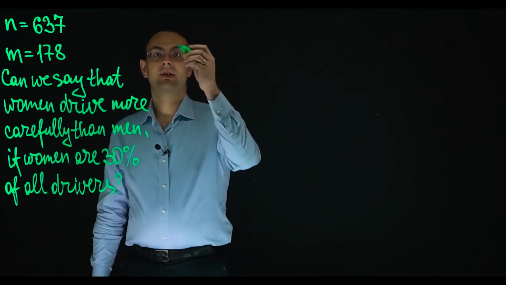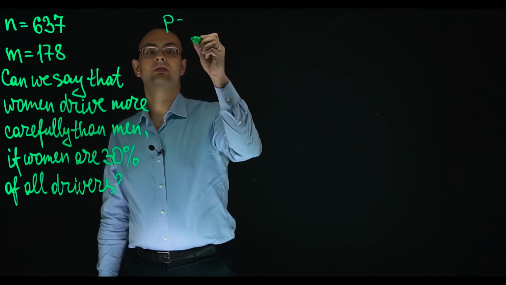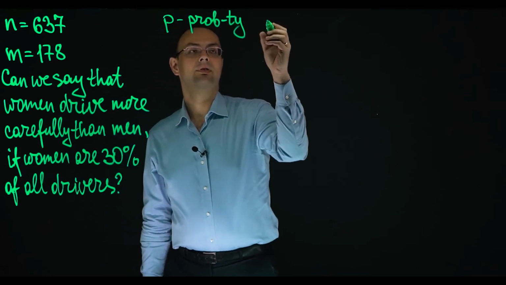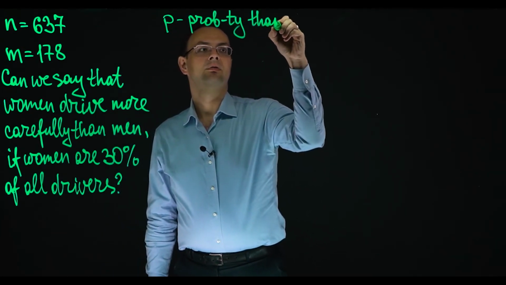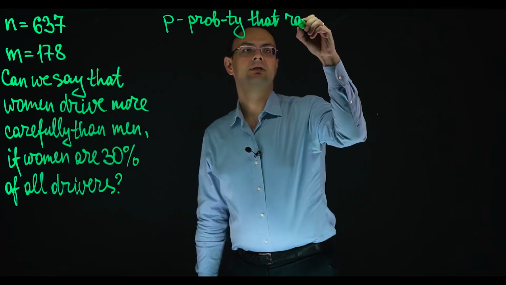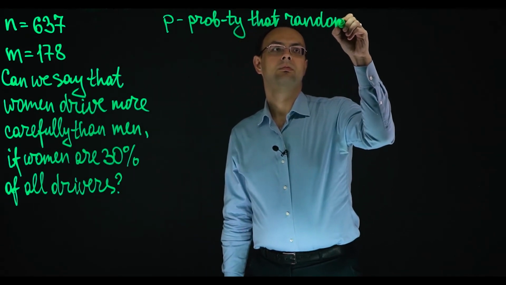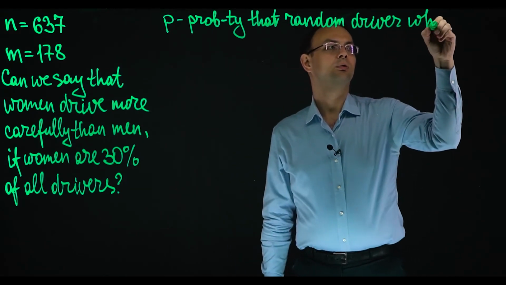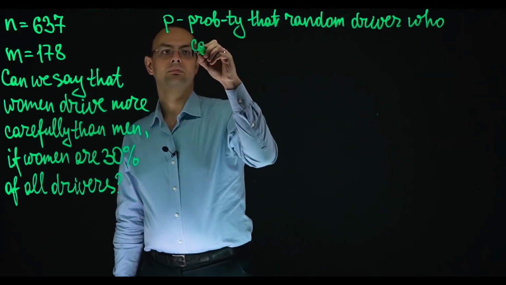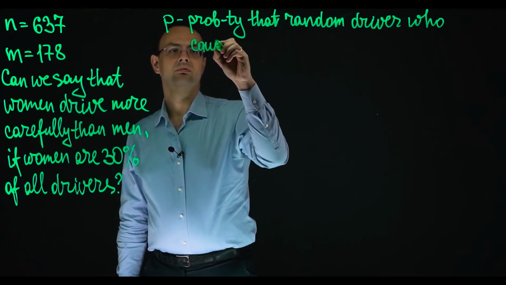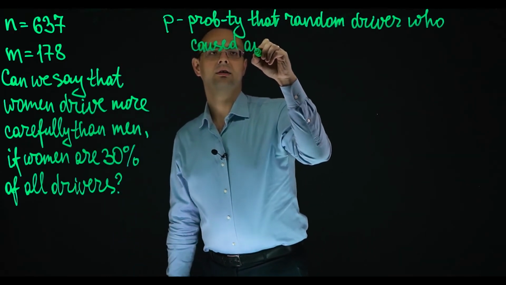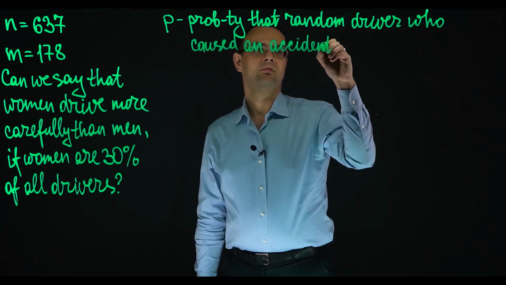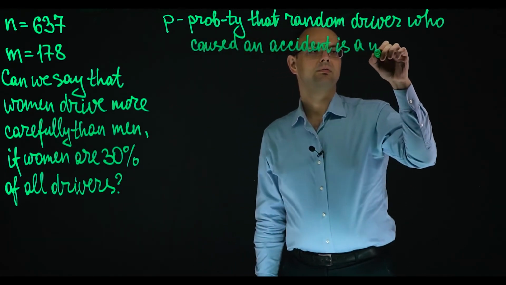So we can say that P is the probability that a random driver who caused an accident is a woman.